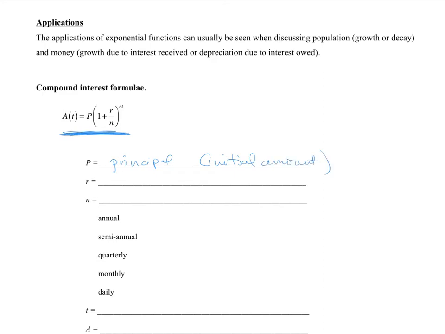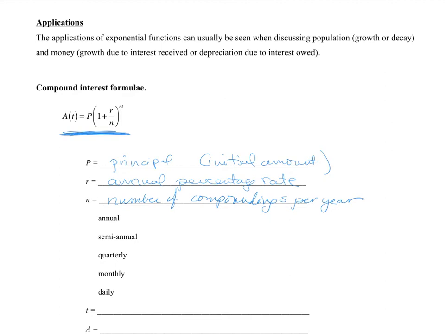The R in the formula is going to be the annual percentage rate. Maybe you've heard APR. N defines the number of compoundings per year.